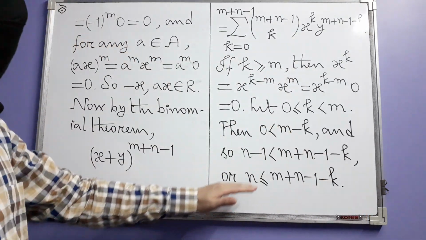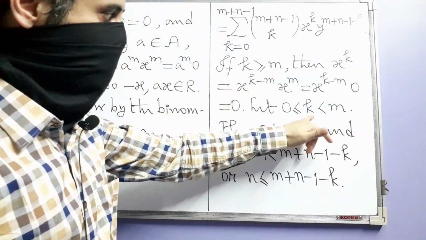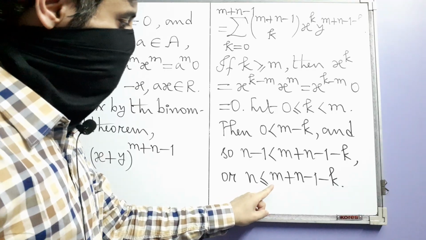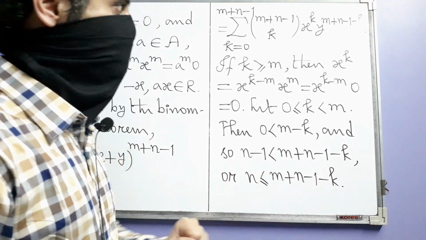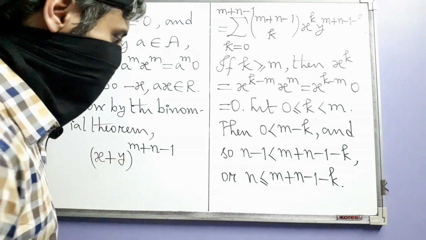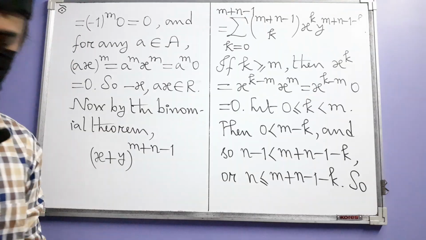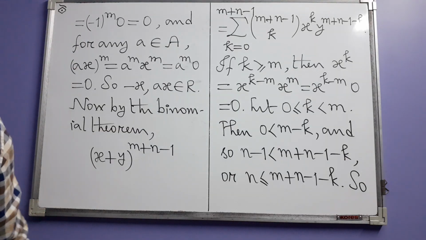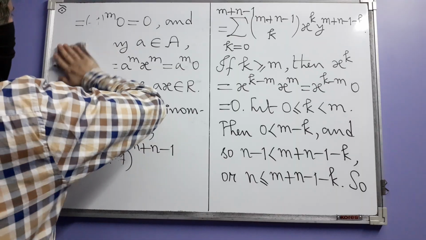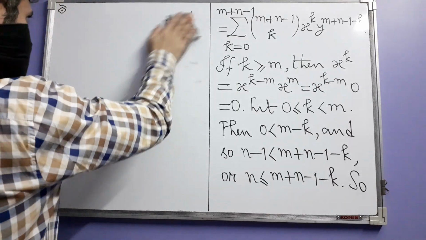So you see that those terms in this sum where k is less than m, for them however, this m plus n minus 1 minus k is greater than or equal to n. So for this type of terms, that power of y will vanish.